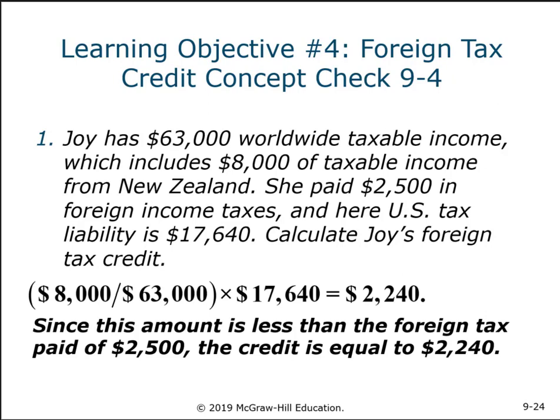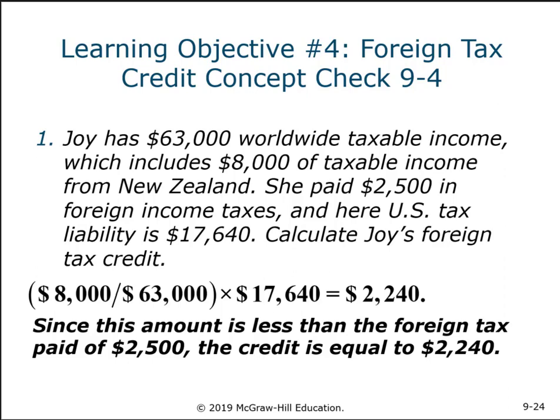So here is an example of how we take that percentage. She has $63,000 of worldwide taxable income, $8,000 of taxable income in New Zealand, where she paid $2,500 in income taxes to New Zealand. Her tax liability in the United States, given all of her income, is $17,640.